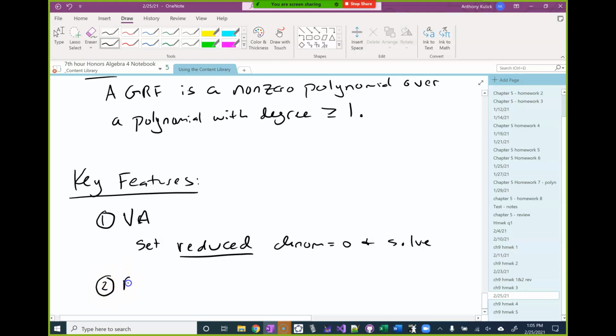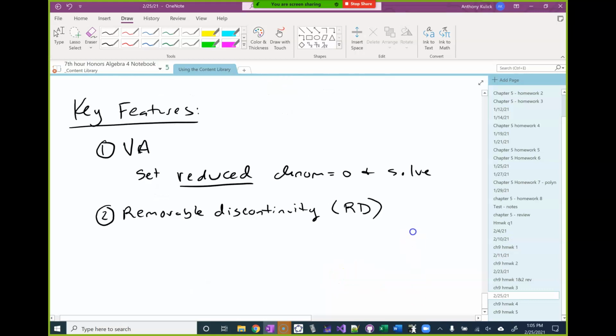We can also have something called a removable discontinuity. I abbreviate that as the RD. This is a single point missing from a curve. So you remember when we did domains and ranges first semester? Occasionally there'd just be an open circle somewhere on the graph.